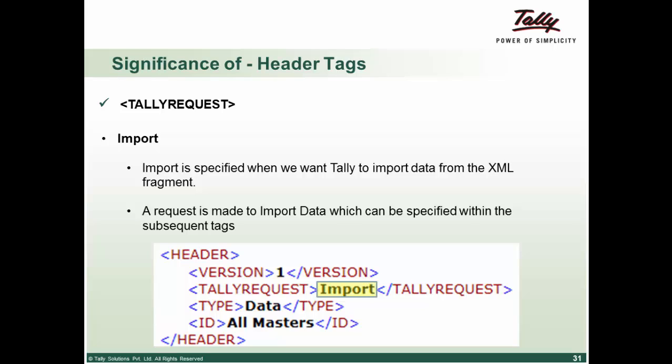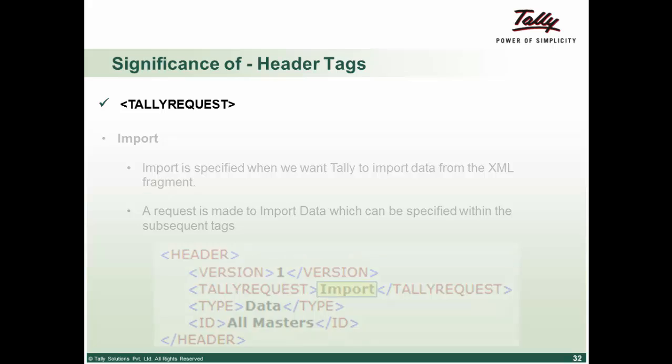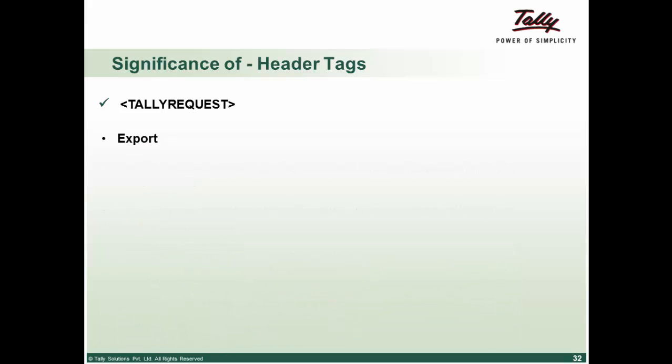So header has a version tag, has a tally request. Now when you talk about an import or an export, it is important to understand what you exactly need to do. Then we have the tag request value export.